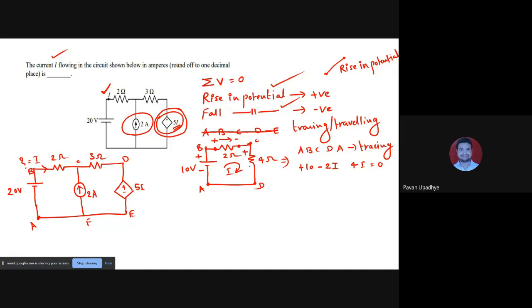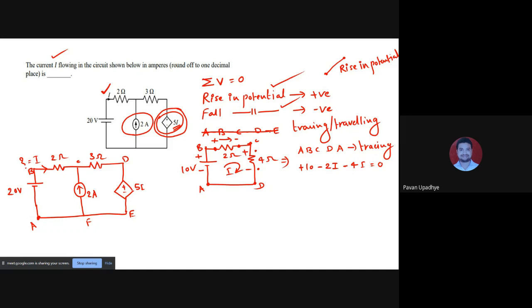So it can only happen when the 4 ohm's upper terminal is on the higher side and its lower terminal is on the lower side. So if you were traveling from C to D, it means you came across a fall in potential, and a fall in potential has to be written negative. So this is how we get the Kirchhoff voltage law equations or mesh equations when we apply KVL.